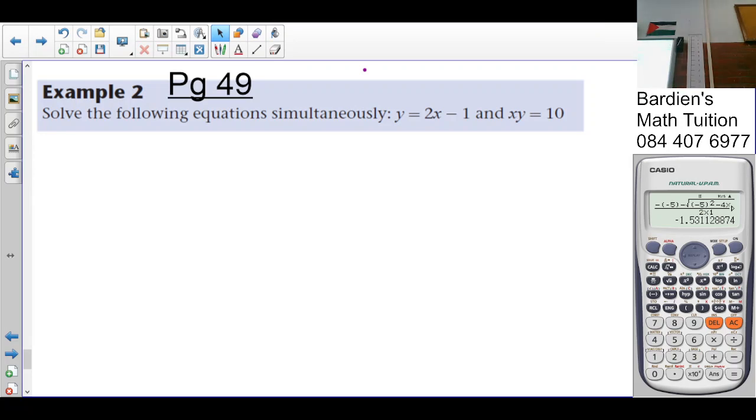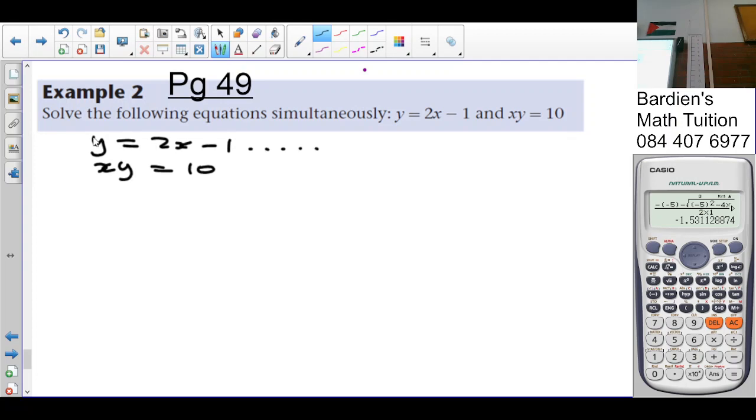Right. Solve the following equations simultaneously. We have y is equal to 2x minus 1 and we've got xy is equal to 10. So what do we do first? Label. So this is going to be 1 and 2. What's the second step we do?